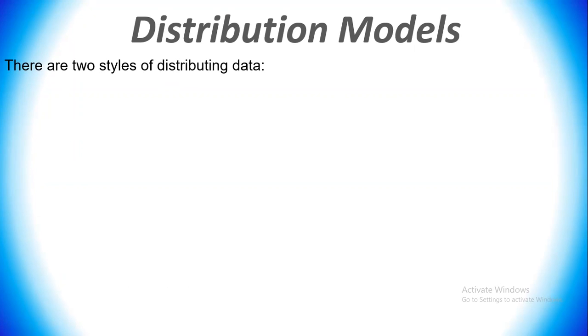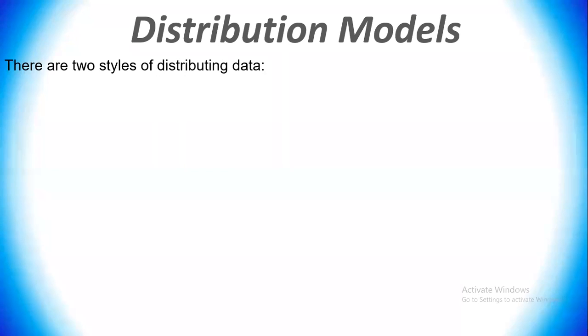In relational databases, there is no requirement of distributing the data, because the architecture of relational databases has a centralized server. That means the data resides in a central server where different users can log in and perform their transactions, right?